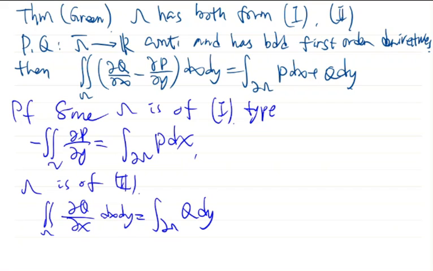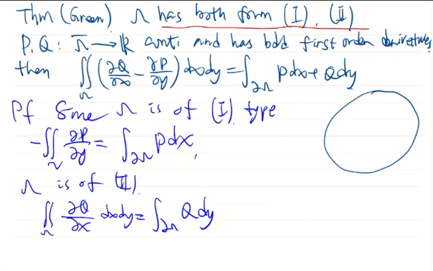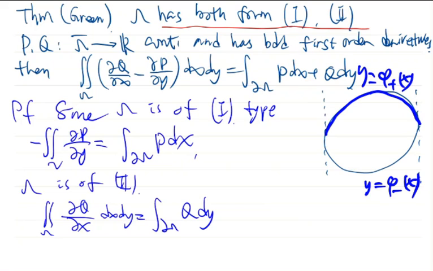Okay. So which kind of omega has this form? Both type 1 and type 2. So for example, this omega, you can consider the upper boundary as the graph of phi plus x, and the lower boundary as a graph of phi minus x. So from this, you see that our omega here is of type 1.